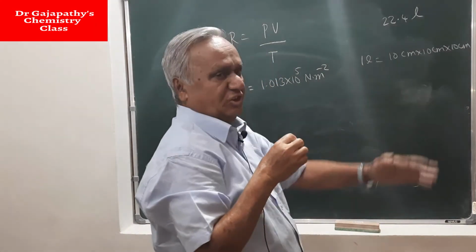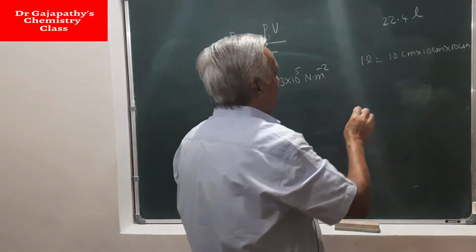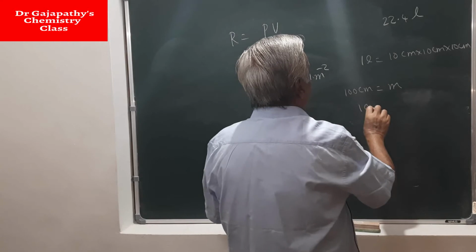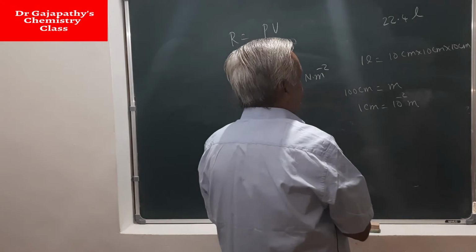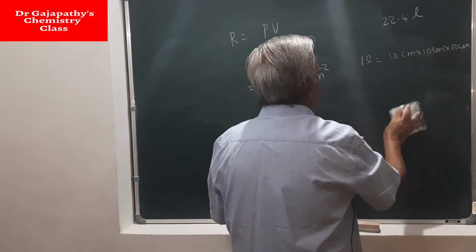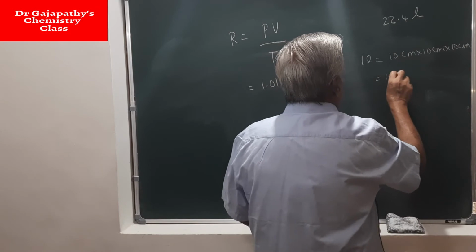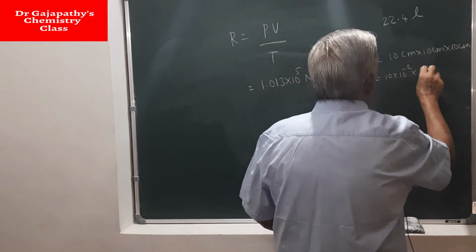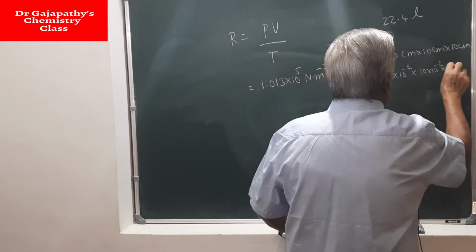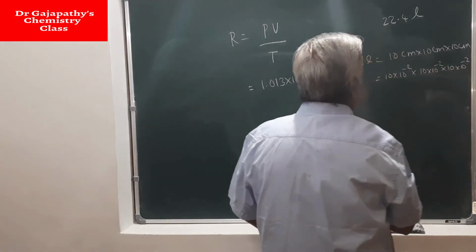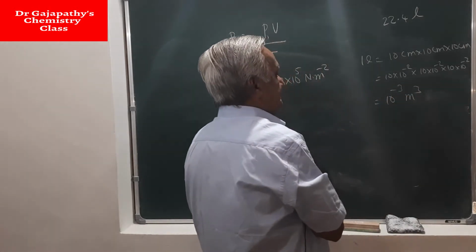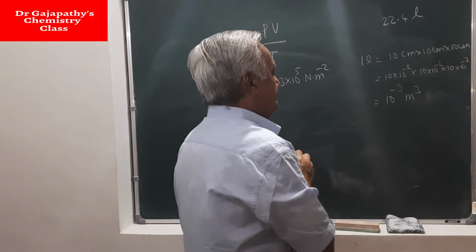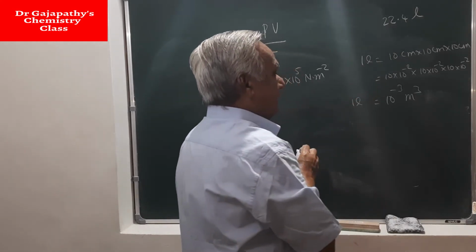Totally 1000 cc you say. In terms of meter cube, 100 centimeter makes a meter, therefore 1 centimeter is equal to 10 power minus 2 meters. So this is equal to 10 into 10 power minus 2, 10 into 10 power minus 2, 10 into 10 power minus 2, or 10 power minus 3 meter cube. 1 liter equal to 10 power minus 3 meter cube.